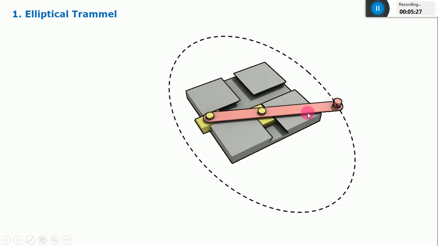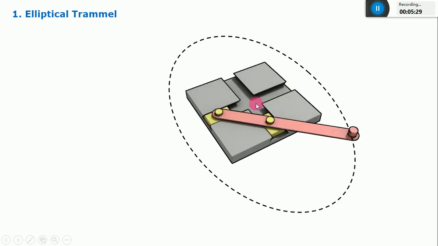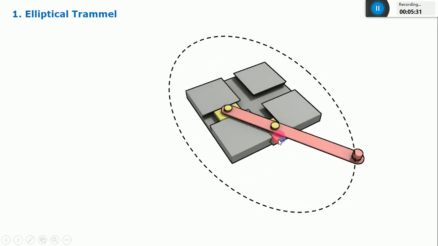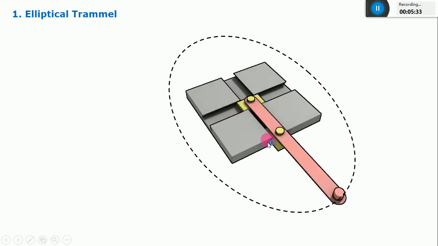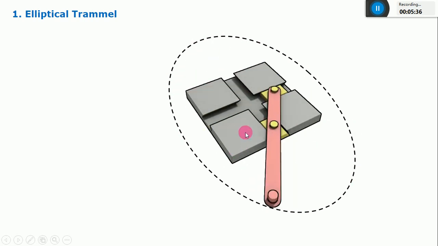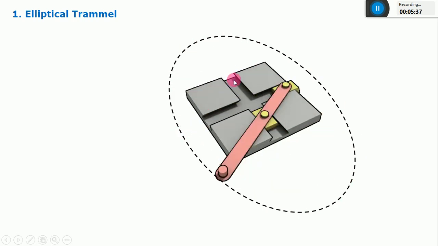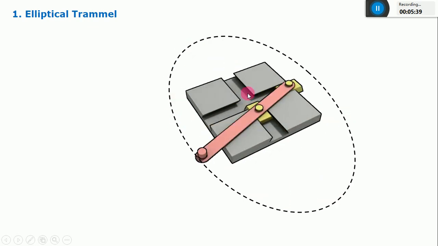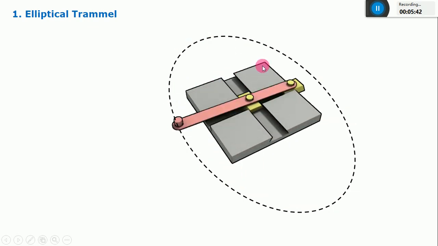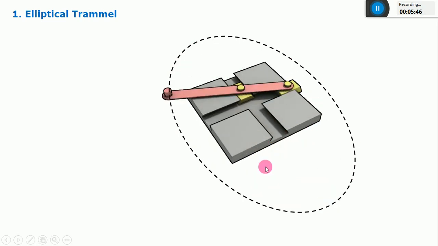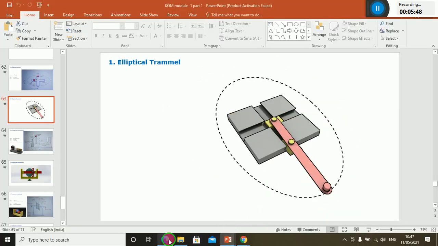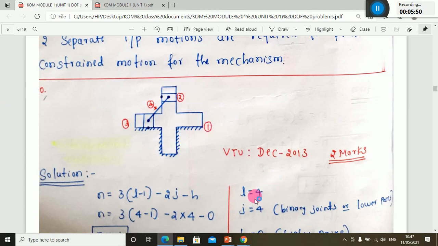Okay, and you can see there is no point contact between any links, and the two sliders are having a surface contact with this gray color frame. So both the sliders are having a surface contact. And the number of kinematic links is 4.